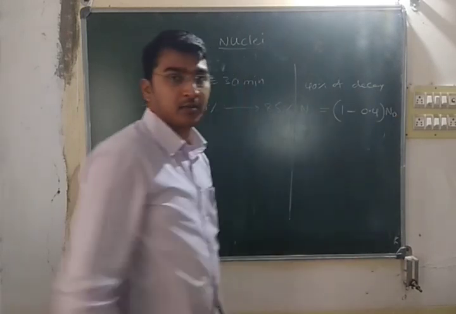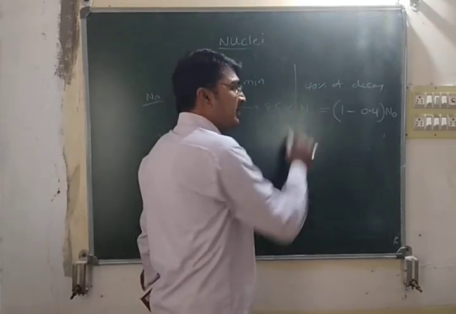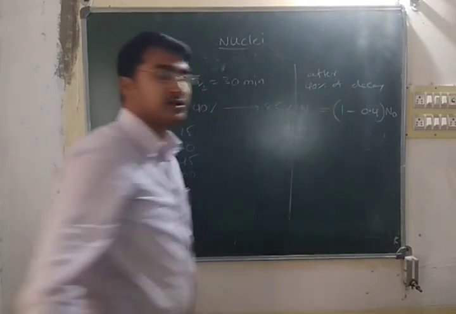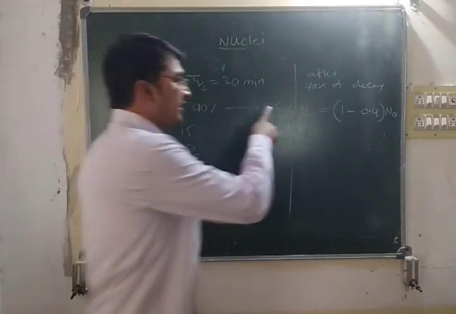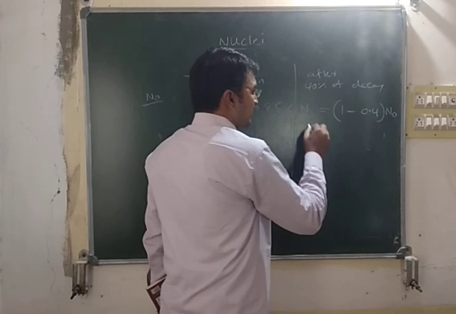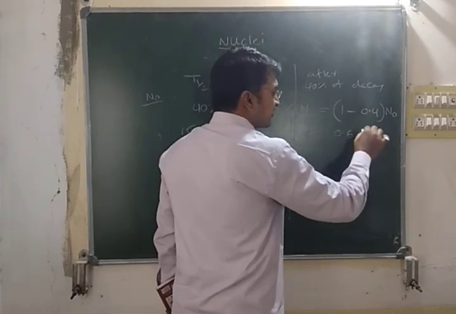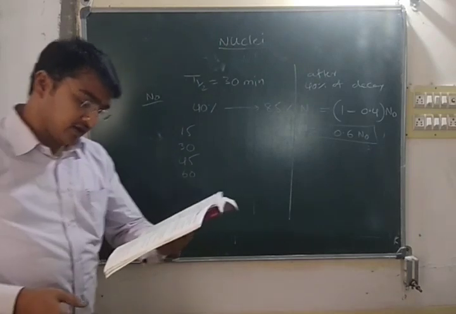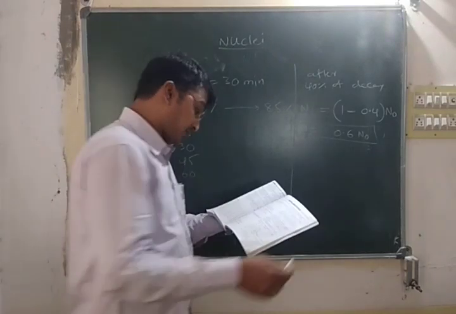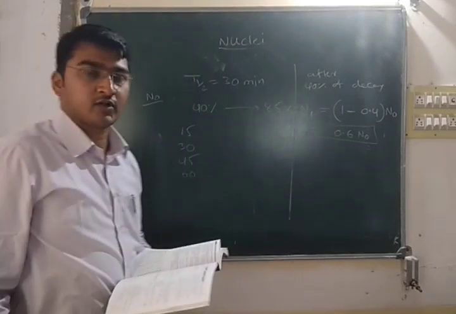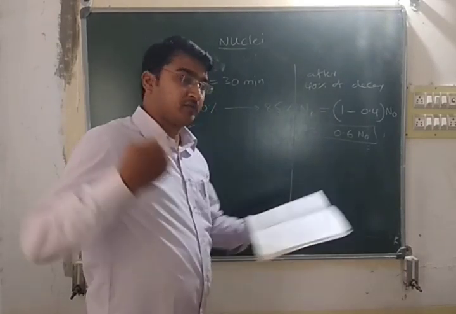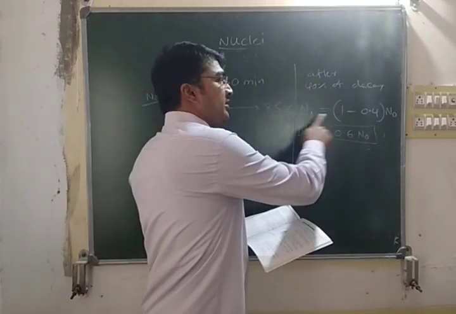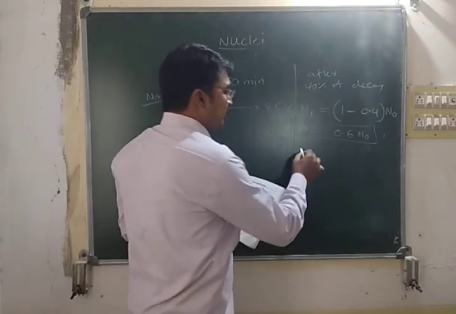This is a formula, remember. The remaining number of nuclei after 40% decay is N equals 0.6 into N naught. Remember this method. Now for 85% decay: after the first 40% decrease the remaining amount is N1.